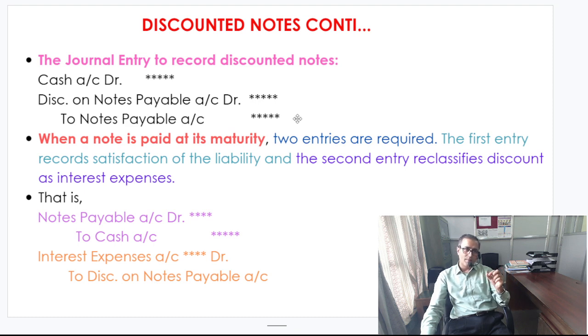But actually I receive the cash today, that is 90,000. The loan provider can enjoy the 1 lakh value, and the borrower would be in a disadvantageous position. Now on the maturity date, you have to record this journal entry: notes payable to cash on one hand, and interest expense to discount on notes payable. Even though it has little theoretical justification, when the question is about the accounting treatment of discounted notes, this way you could do it.